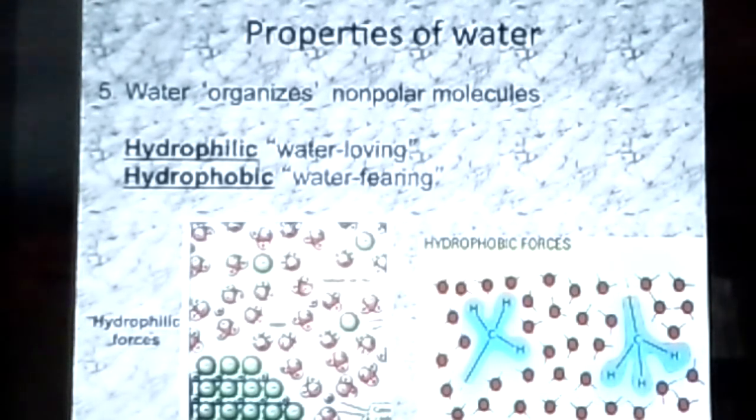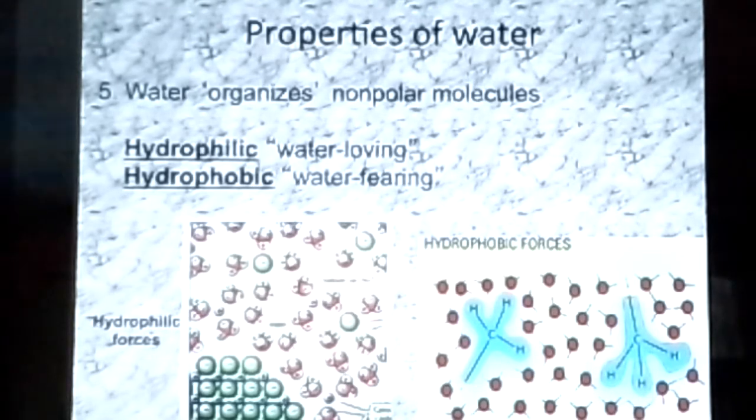Hydrophobic molecules are non-polar, meaning they don't have a charge for the water to attract to. What happens is the water molecules surround these non-polar molecules in an attempt to find a way to break them apart.